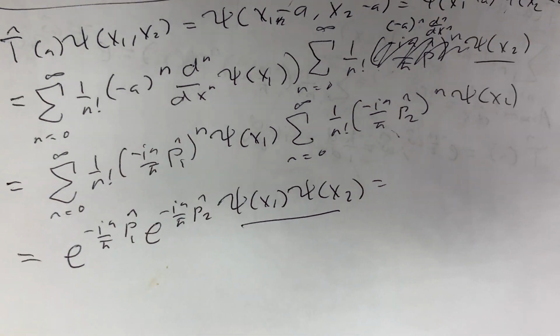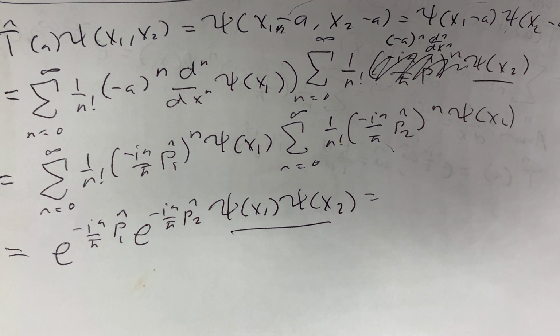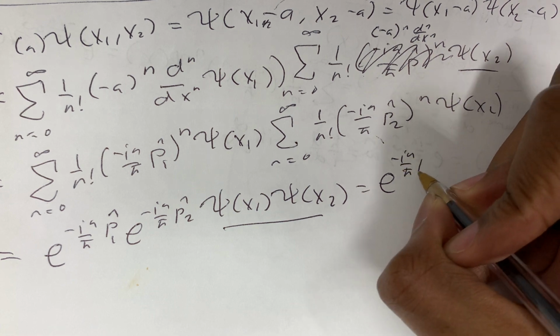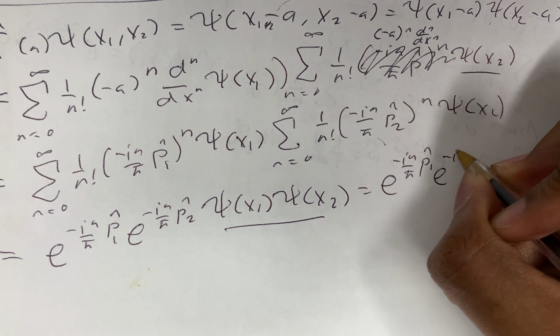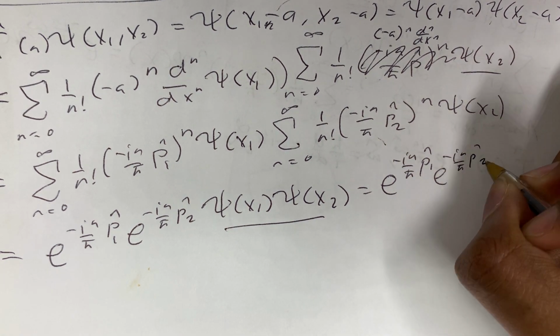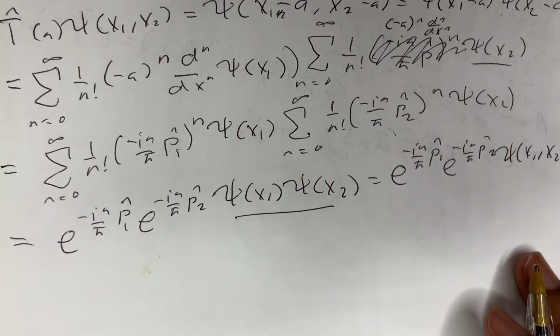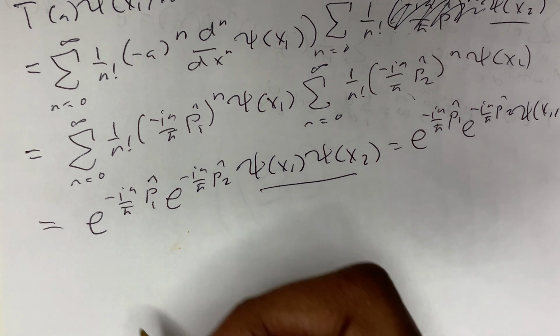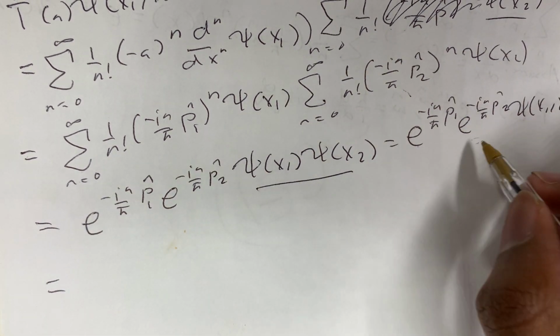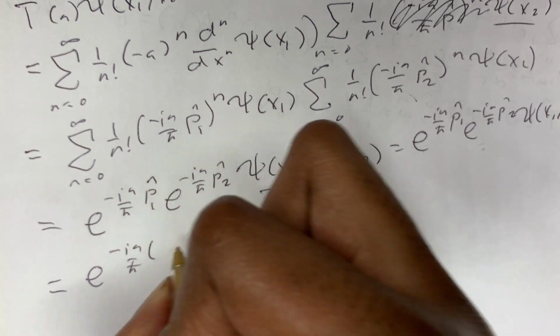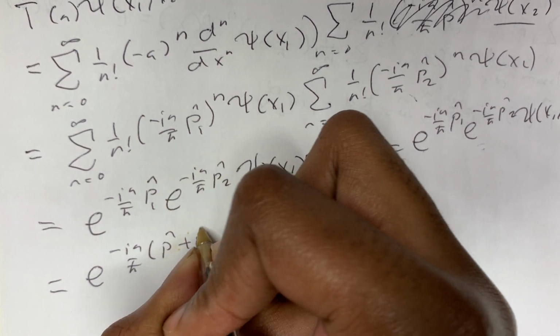Alright. So this, if you can recall, is just e to the minus i a over h bar b hat 1, e to the minus i over h bar b hat 2, psi of x1 x2. Okay. And then from this we just combine these two terms of e to the minus i over h bar, factor that out, p hat plus p hat.